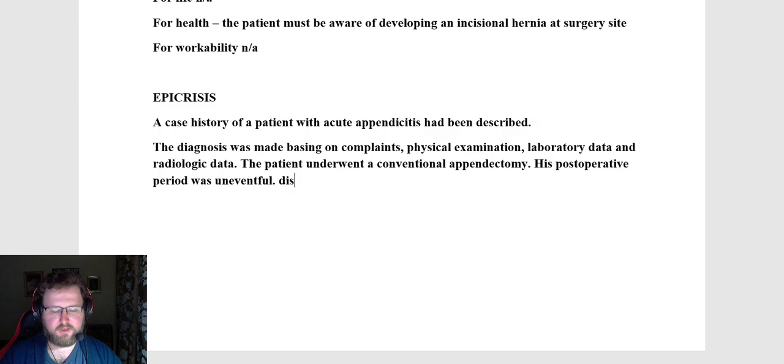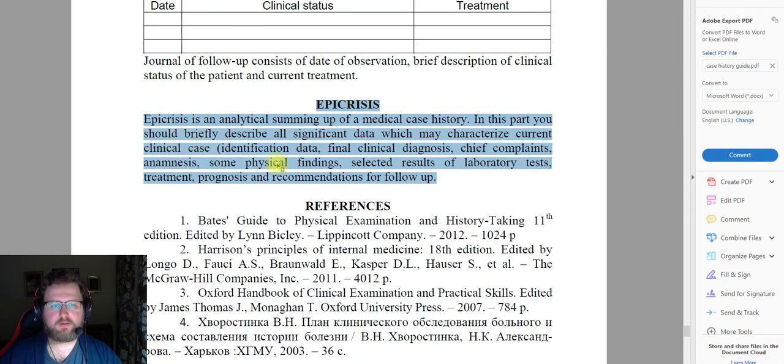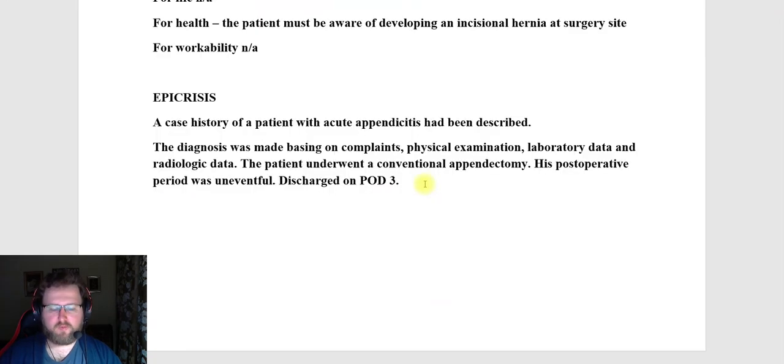He was discharged on postoperative day 3, and a couple of words about his prognosis and recommendations.